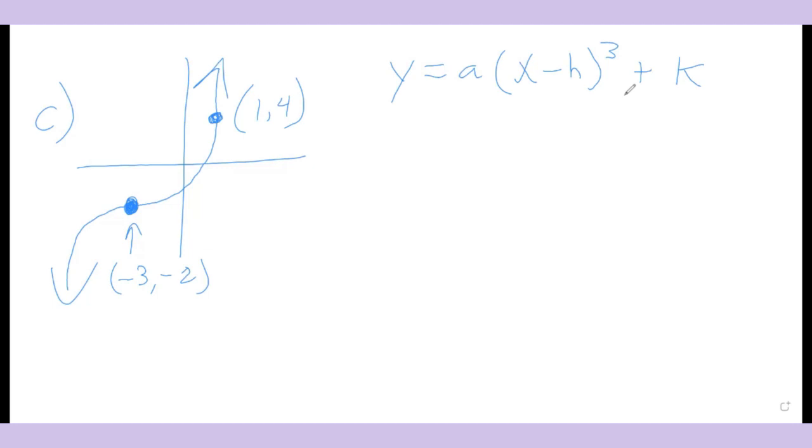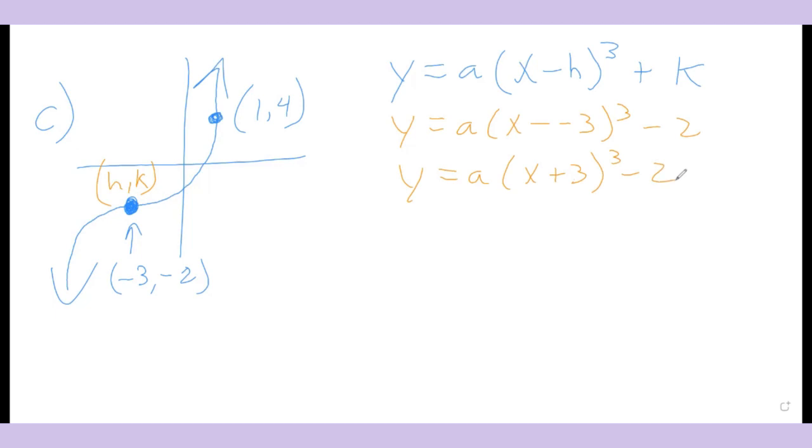Take your special point and plug it in for H and K. So Y equals A, X minus -3 cubed minus 2. And H and K have been plugged in. Let's clean this up. Y equals A, X plus 3 cubed minus 2. Double negative became positive. That's all that happened.